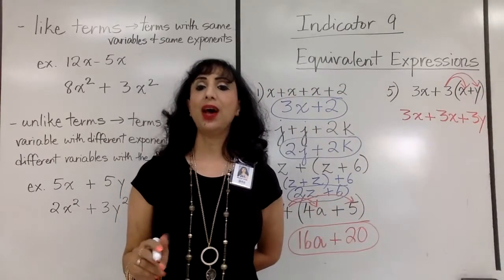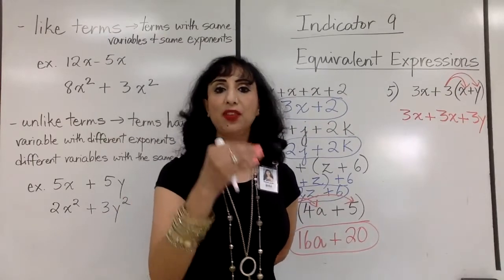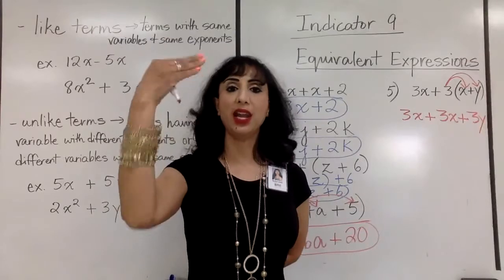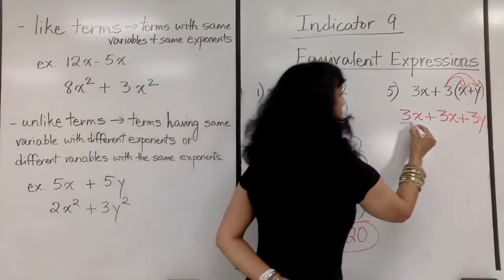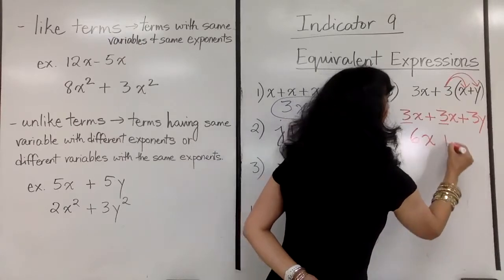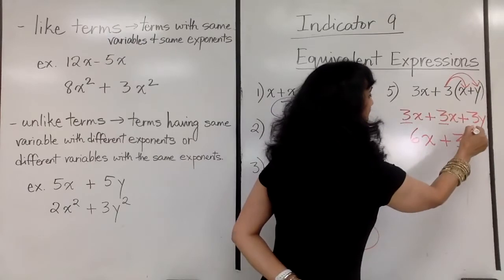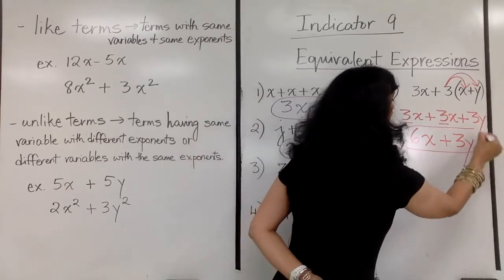Okay, and so now we can see that we have like terms. So we have 3 x's and we have another 3 x's. So we take 3 and 3, which is 6 x's plus 3y. Now these are unlike terms, so we can't add them any further.